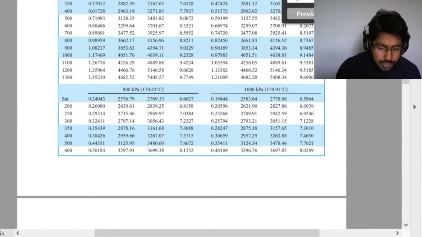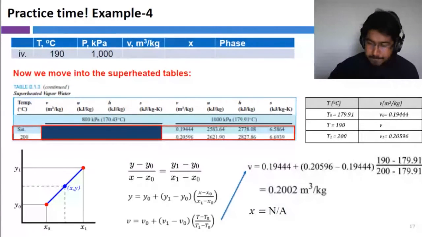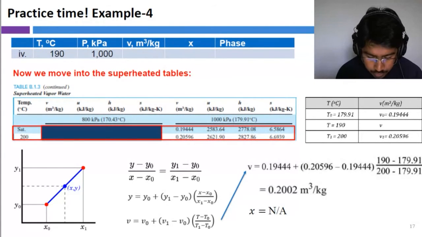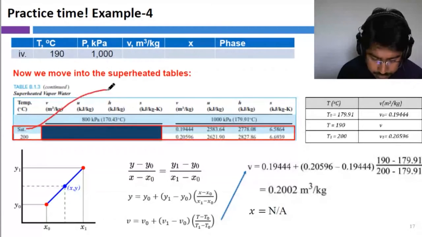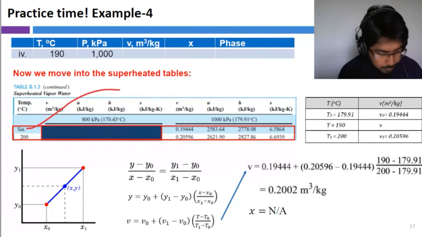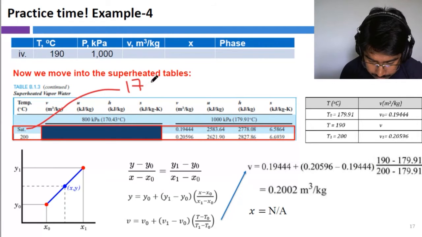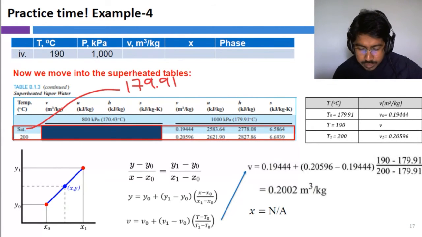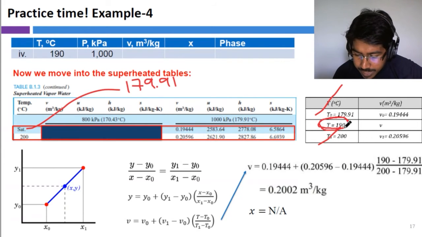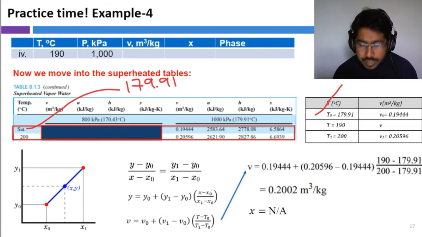If I go back to the slide, you see that the saturation temperature value is 179.91 Celsius, right? So we have two boundary conditions for temperature, 179.91 and 200. What we are interested in is the condition of the substance at 190. So we know that as well. What we want, we already know, right?